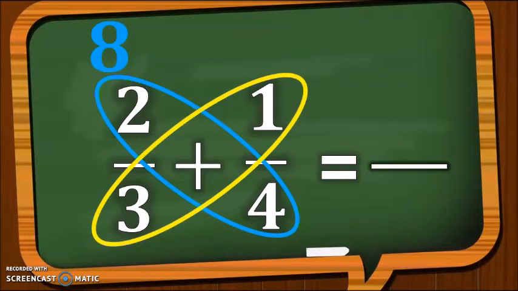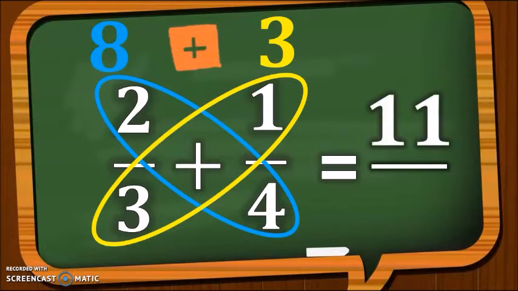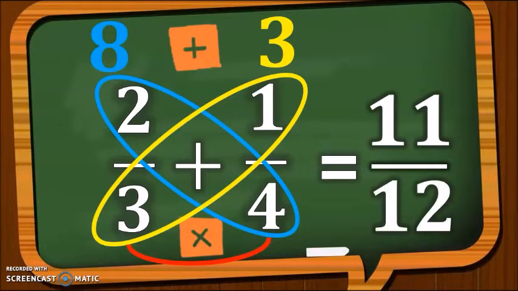So 1 times 3 is equal to 3. Third step, add the products. 8 and 3 will give an answer of 11. Lastly, we multiply the denominators. 3 and 4 will give a product of 12, and that will be the new denominator. So the final answer is 11 over 12. Again, as easy as that.